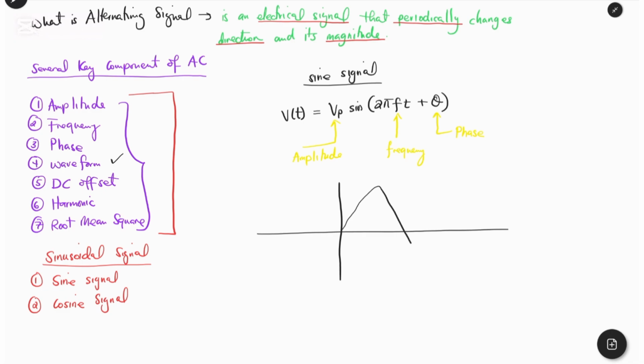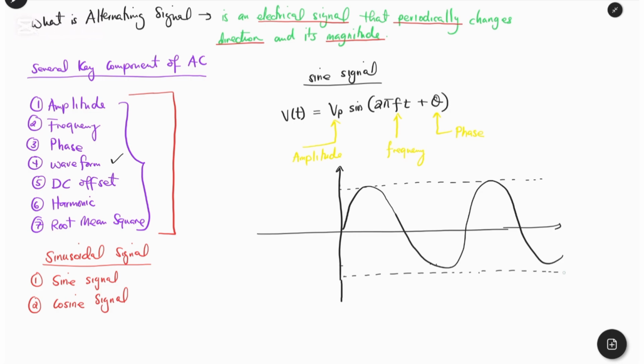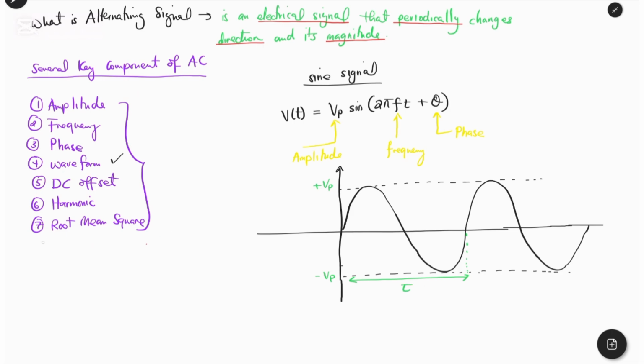So this is the AC. Let's draw a dotted line. And we can say plus Vp, minus Vp, and we can say the period of the signal. Now we define the amplitude.